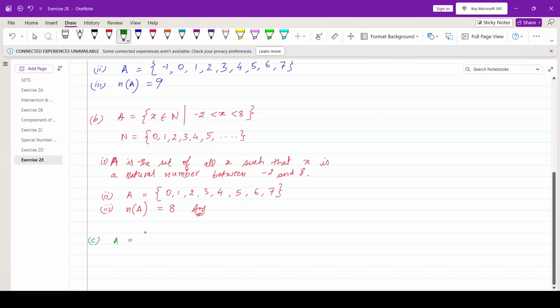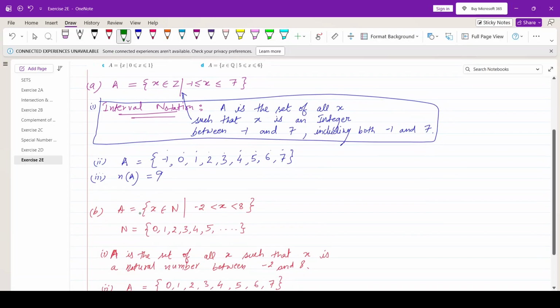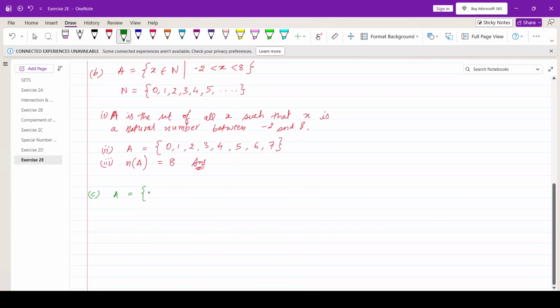Now, when we do not have anything like N in this case, we just mean real numbers.